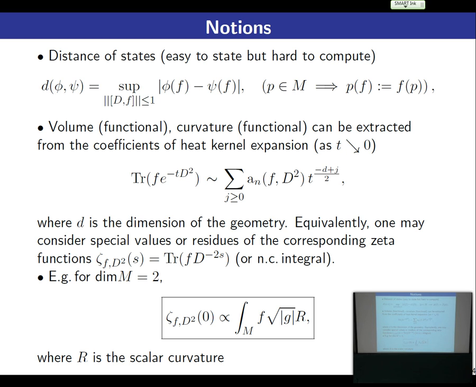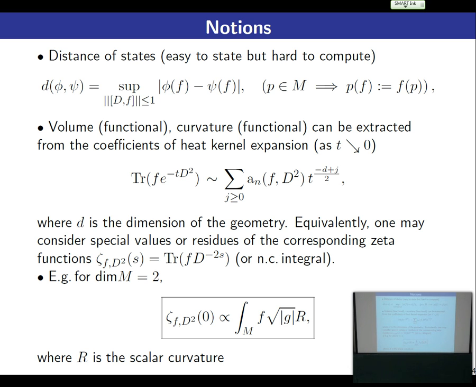We also have the possibility, under some assumptions, to define at least the first coefficients of the asymptotic heat kernel expansion, which in the classical case goes like that for compact manifolds without boundary, where D is the dimension of the manifold. Or equivalently, one can consider various special values or residues of the corresponding zeta functions, or the non-commutative integral.